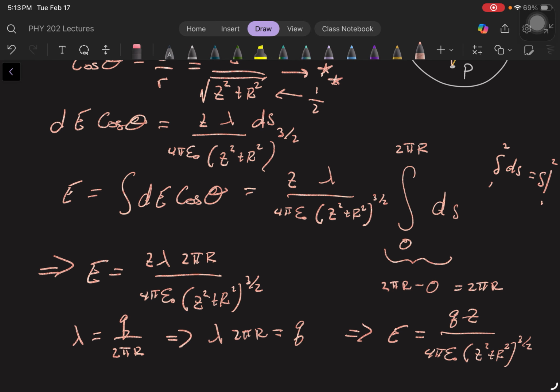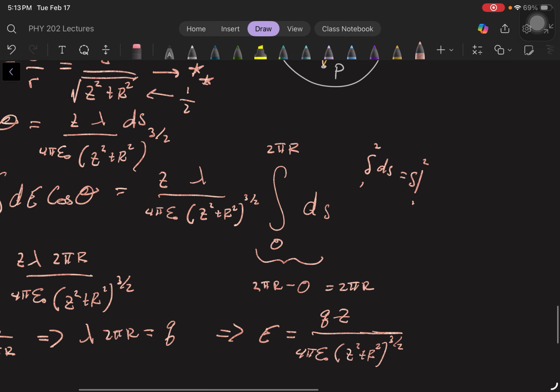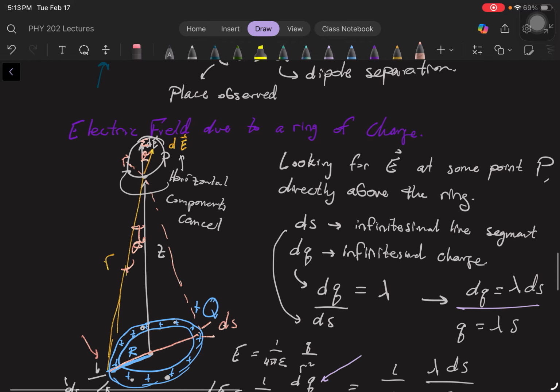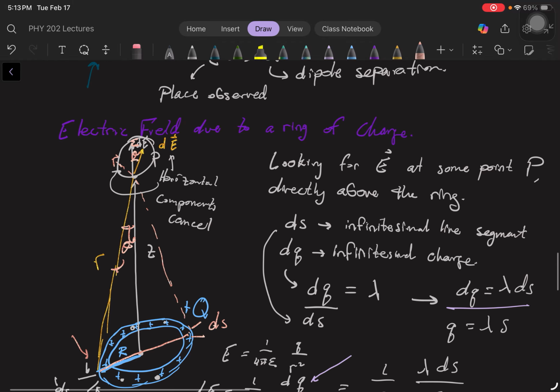And for this, since we chose positive charges, if we want to make it a vector, we would put a Z hat. Why are we doing this? We put a Z hat on there, right, because if it's a positive ring, the charges are pointing away.